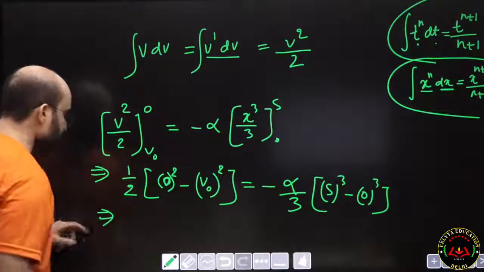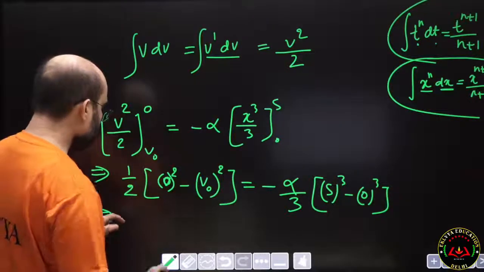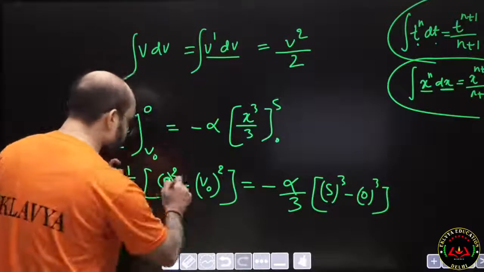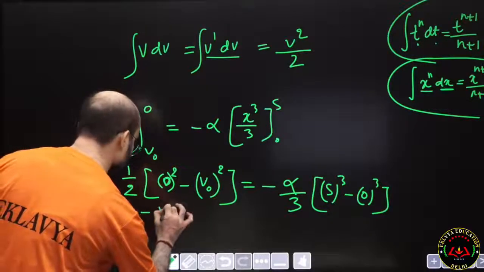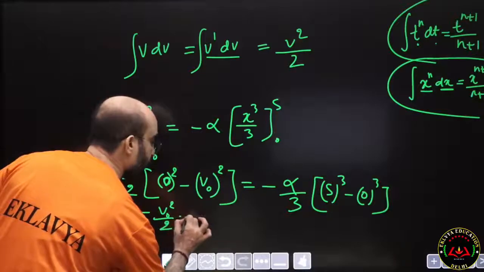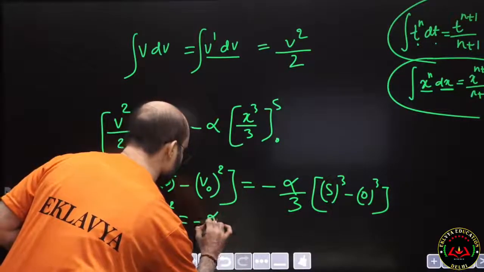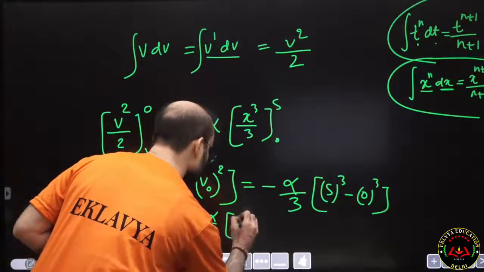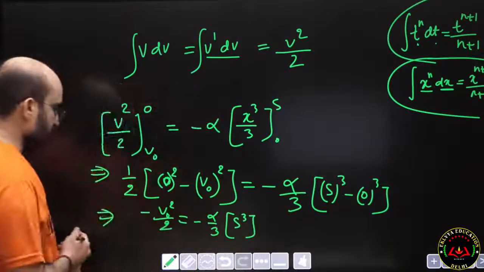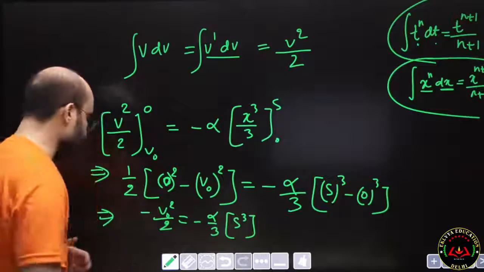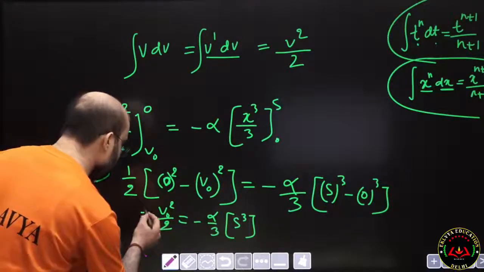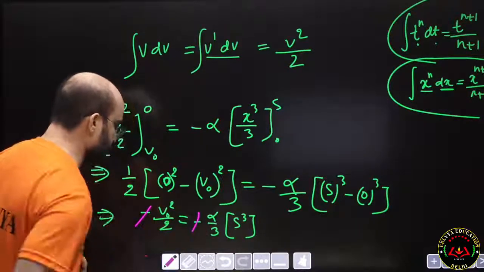If you look into this, this value is coming out to be negative, right? So negative v square by 2 equals minus alpha by 3, and this value is coming out to be s cube. All right. So something is coming up. Let us quickly understand. This negative gets cancelled.